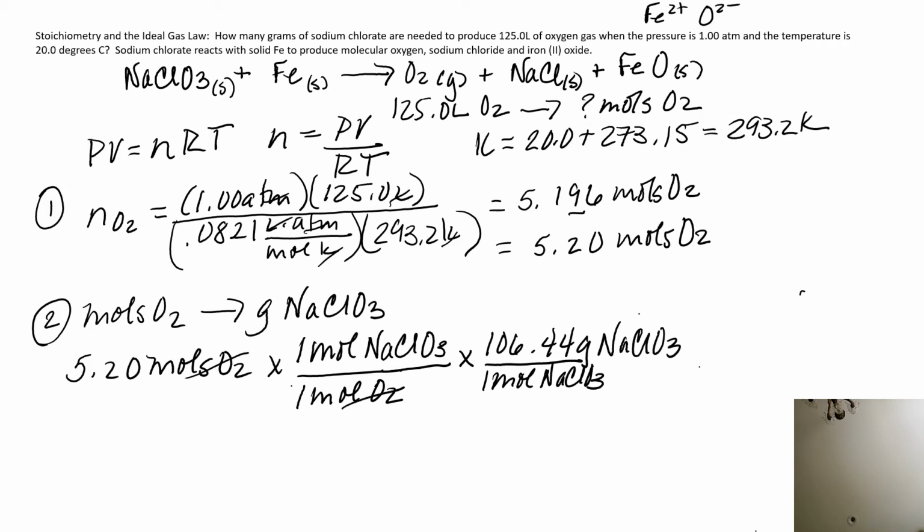So moles of O2 cancel, moles of sodium chlorate cancel, and the grams of sodium chlorate required to produce 125 liters of molecular oxygen, to 3 significant figures, is 553 grams of NaClO3.